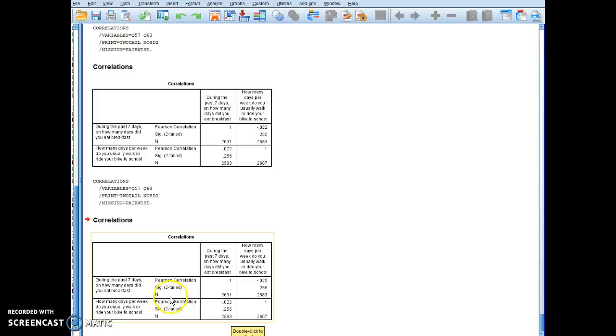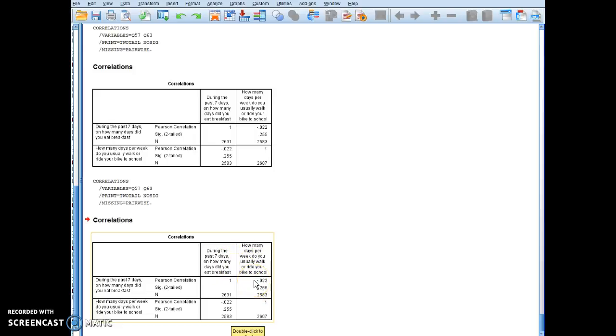And now, in order to see the correlation, we look at the significance two-tail, which is the p-value. A p-value less than 0.05 tells us that there's a significant relationship, and a p-value more than 0.05 tells us there is no significant relationship. Since the p-value here is 0.255, which is greater than 0.05, we can say that there is no statistically significant relationship between these two groups.